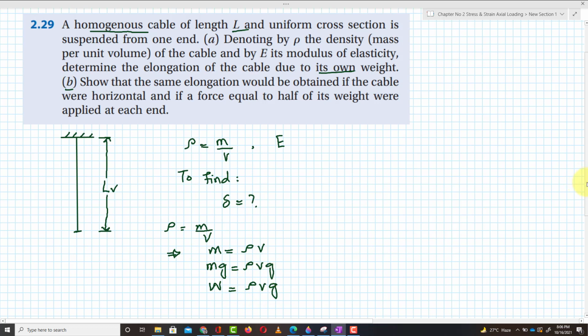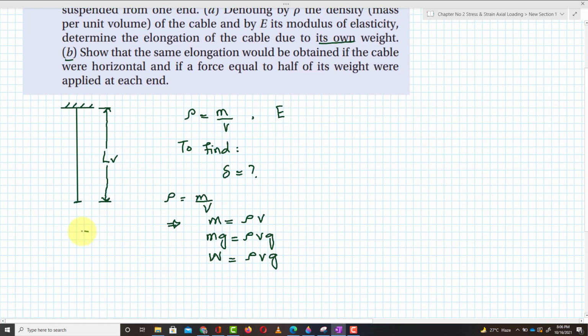The volume of a cable having cross-sectional area A and length L will be equal to area into length. So W will be equal to rho A L into g. This will be the weight of the whole cable. Clear?